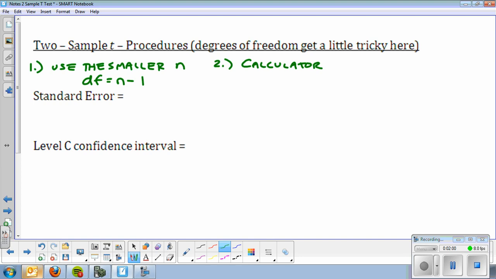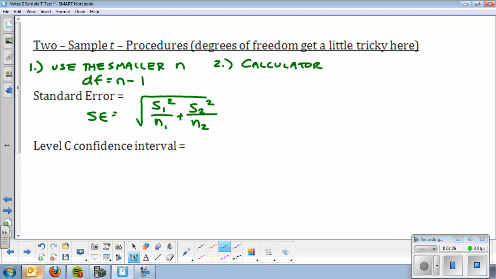Okay. The standard error in this case is going to look nasty, but it's not that bad once we start plugging some stuff in. So it's S1 squared divided by n1, plus S2 squared divided by n2.